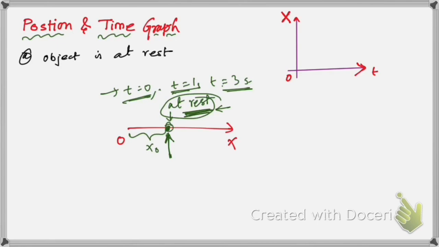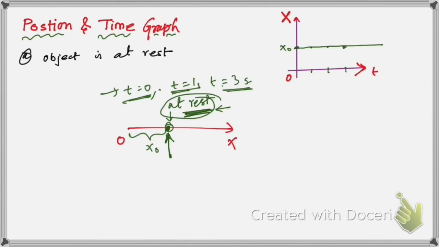So at time t is equal to 1, 2, 3, suppose this is the position axis. Here you see, this point x naught is the initial point. So after 1 second, 2 second, it will be at the same position. So the graph should be like this, which is parallel to the time axis. So hope you have understood this.